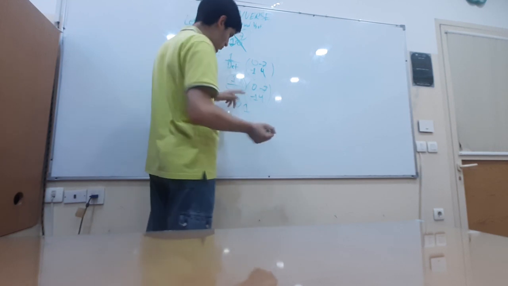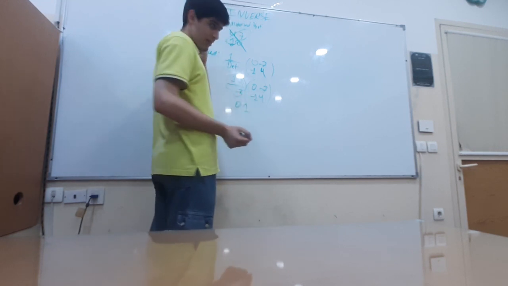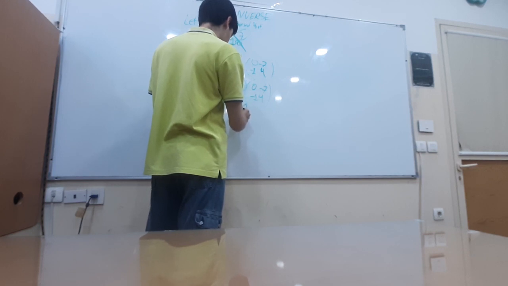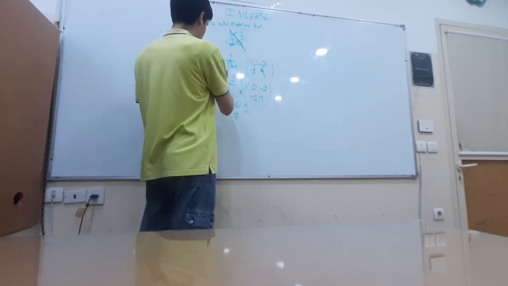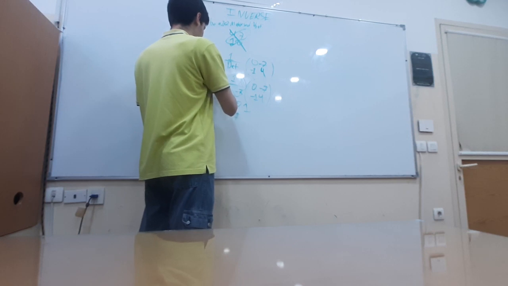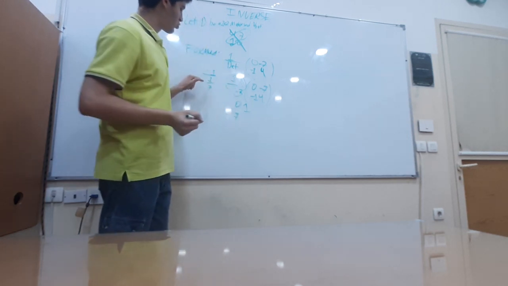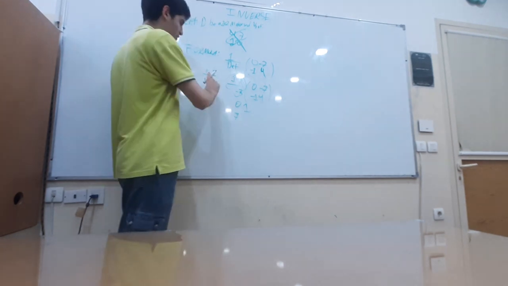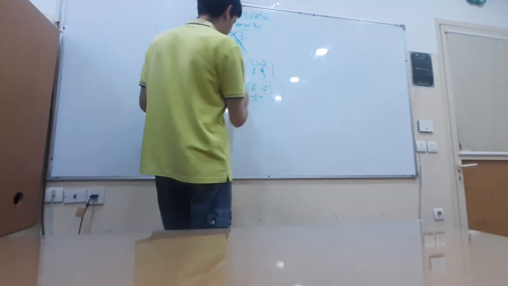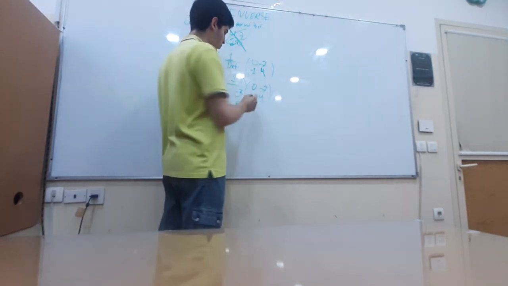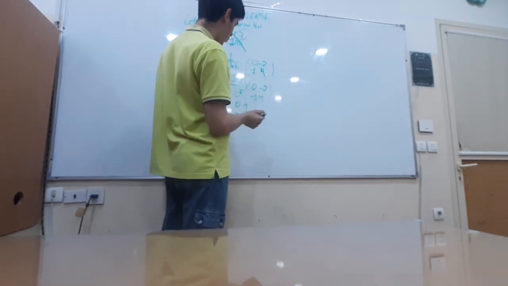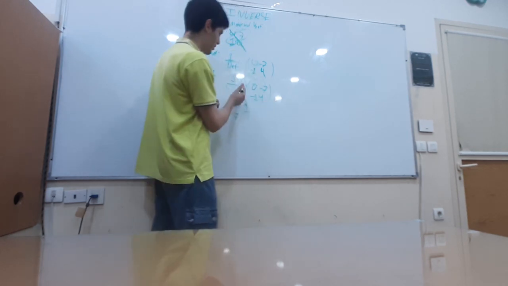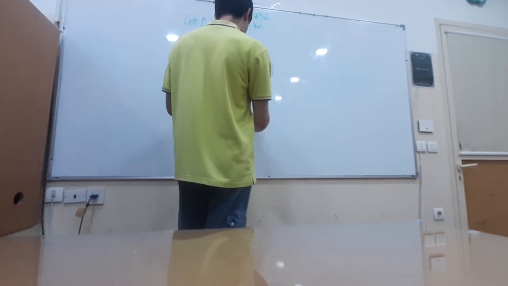Then -1 times 1 over -7, the minuses cancel out, so it's 1 over 7. And the final one, 4 over -7, it becomes -4 over 7.